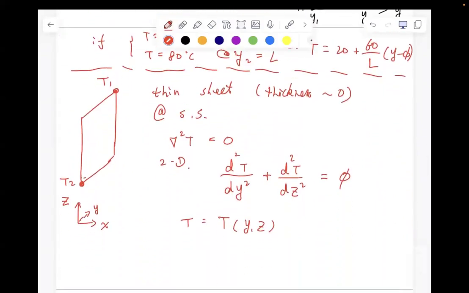So in the class, we will talk about some other coordinates. So far, everything is in x, y, z coordinate system. Okay.